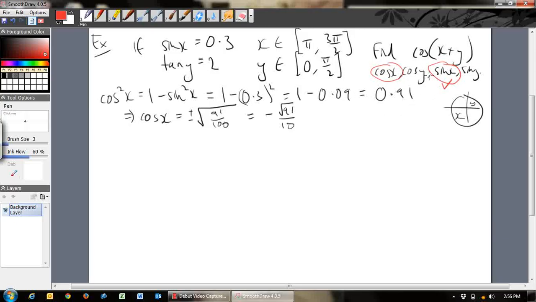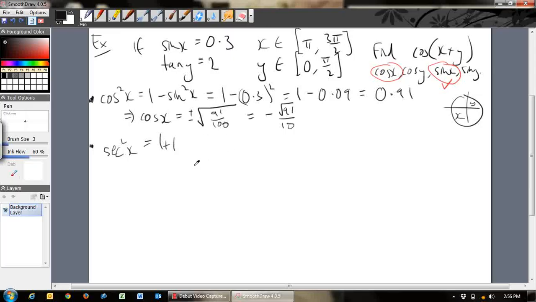Let's have a look at the y's. We know tan y. How do we find cosine or sine? All we've really got is that sec squared x is equal to 1 plus tan squared x.